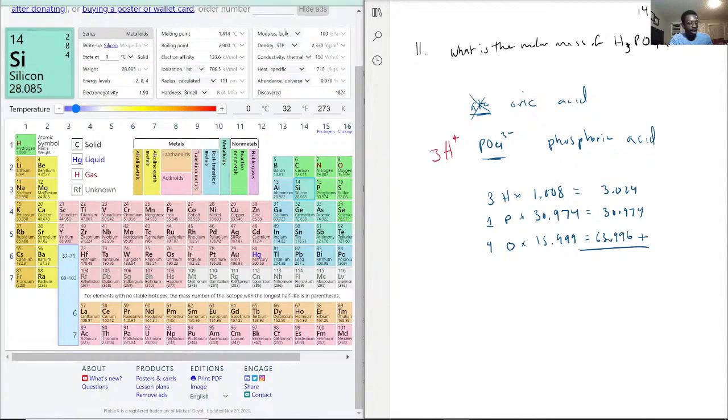So all of these get added together, plus 30.974 plus 3.024. We get 97.994. So they might have rounded their answer, but this is going to be the molar mass of phosphoric acid.